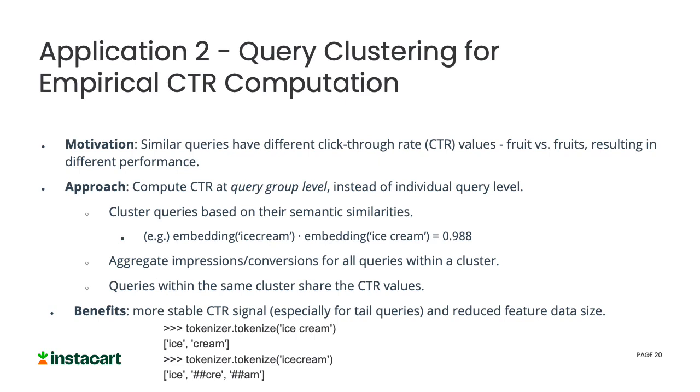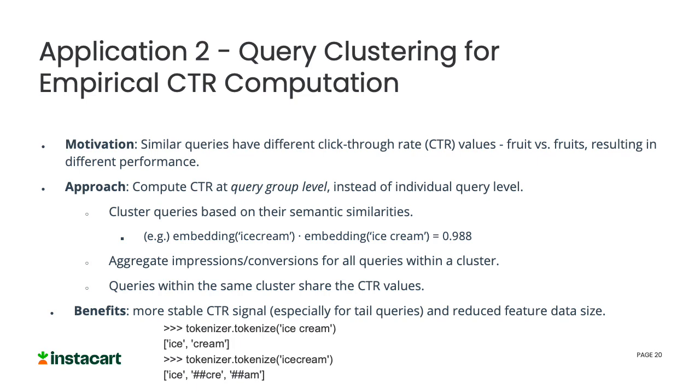Another application we propose for the embedding model is query clustering for empirical CTR computation. Similar queries will have different click-through rate values. For example, fruit and fruits have the same meaning, but they will have different user behavior data, resulting in different performance. So we propose to compute the CTR at query group level instead of individual query level.